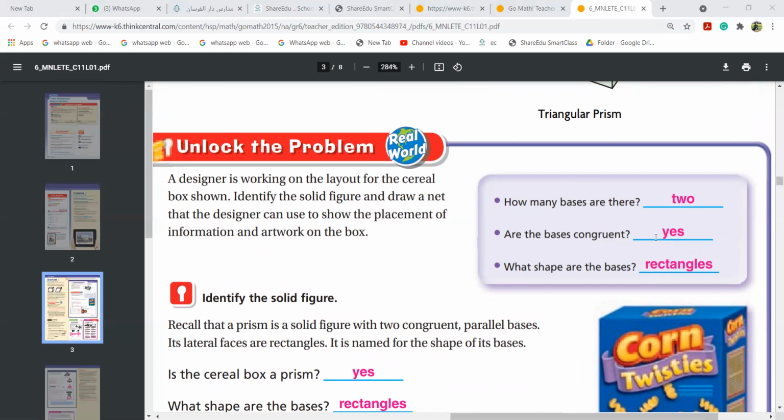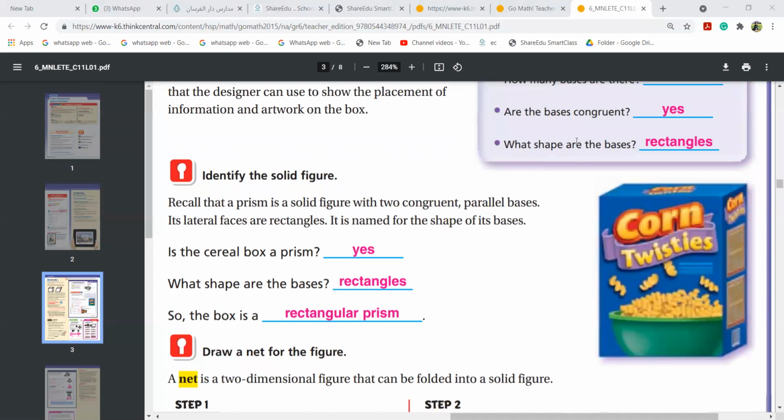Are the bases the same shape and same size? This is the base here, and at the back we have the same base, exactly the same size and exactly the same shape. So yes, they are congruent.